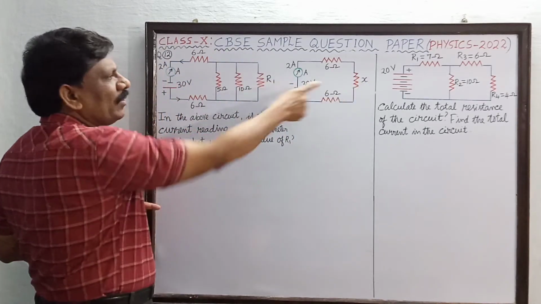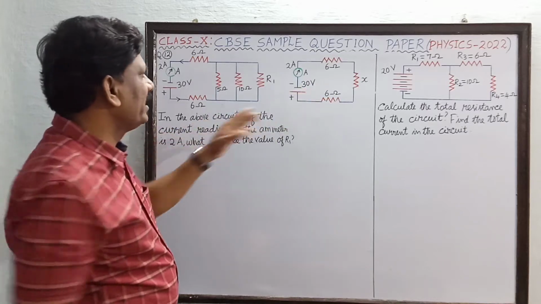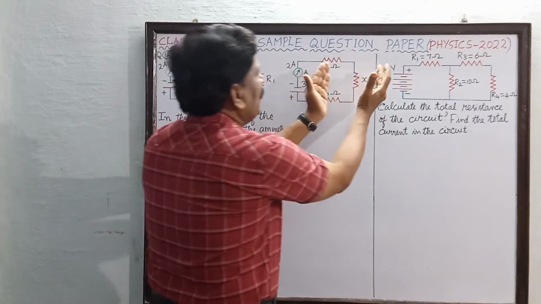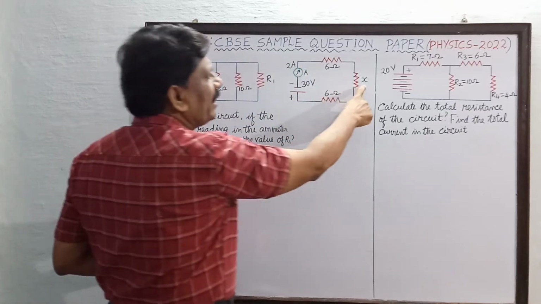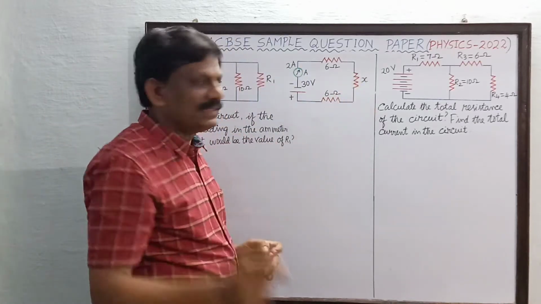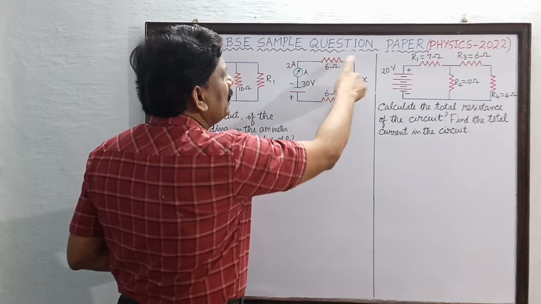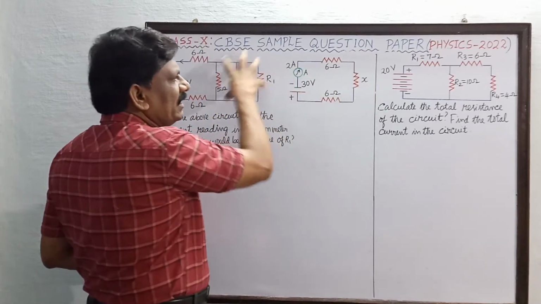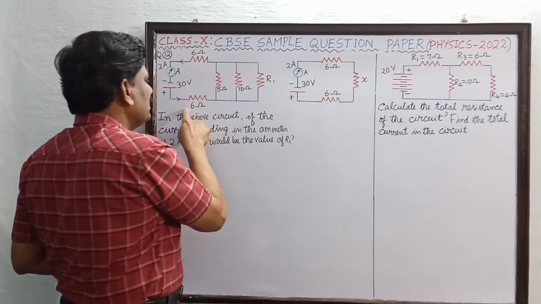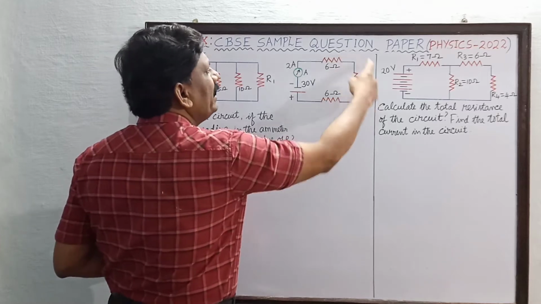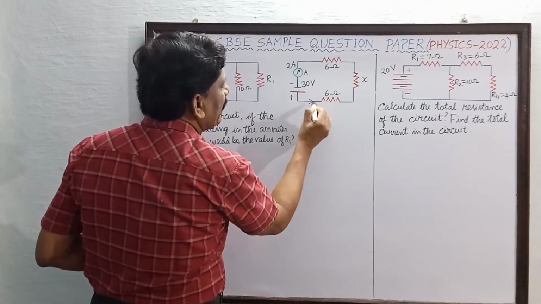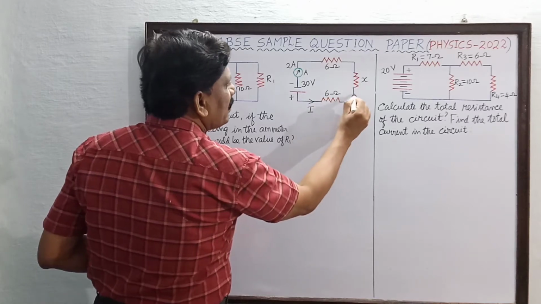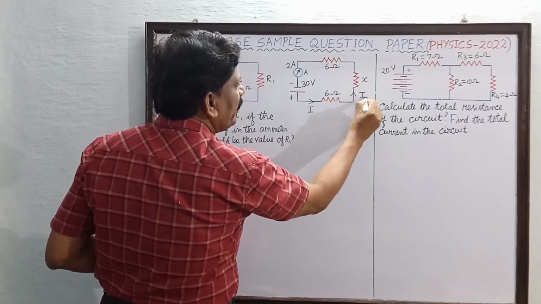So the same equivalent circuit I am drawing here. I have drawn the equivalent circuit on the right hand side. This bunch of 3 resistors I am now showing as X. So that 6 ohm, this bunch X ohm and this 6 ohm, these 3 are in series, so the current I ampere is flowing in series.